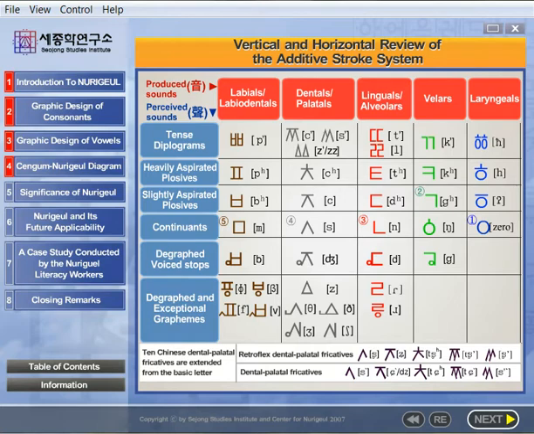Vertical review. Now, let's read the chart vertically from right to left. First, the ingraft letters, and then degraft letters in the phonetic construction.